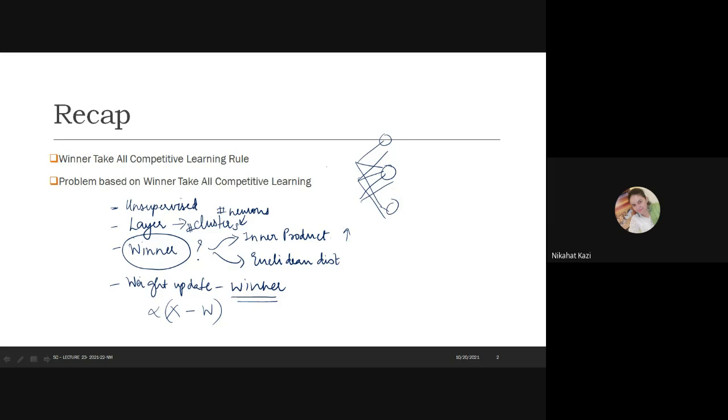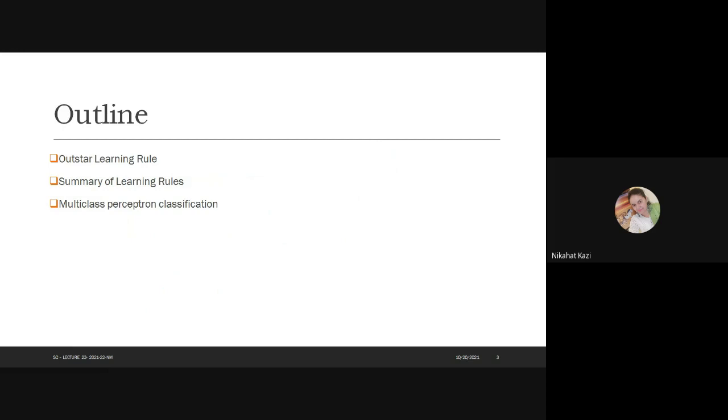So this is how you update the weights, and this is winner takes all learning. Okay. So today what we will do is we will just look at one more learning rule which is remaining, and then we will look at all the learning rules together, just summarize them, and then we'll talk about multi-class perceptron classification.